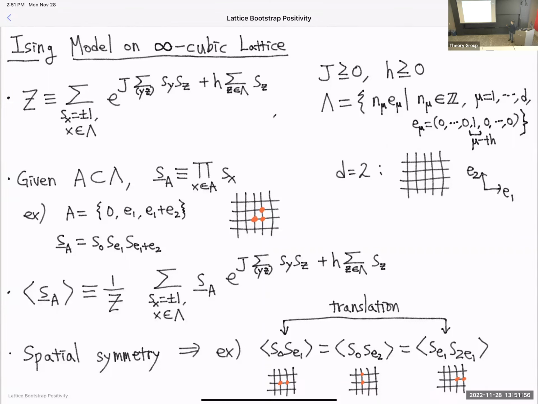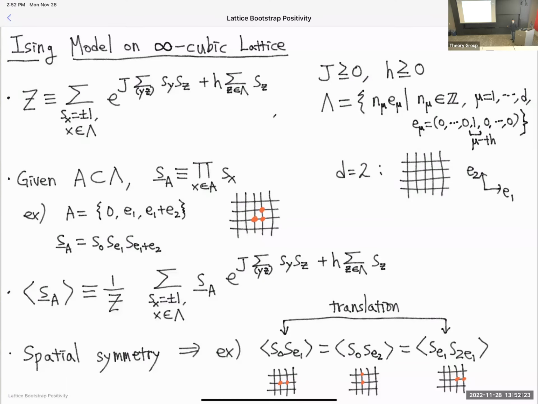The second term is the external magnetic field term, which sums over all the spin insertions. So this is the good old Ising model, which is a prototype of ferromagnetism. By ferromagnet, I mean this J is taken to be positive, and H is also taken to be positive, which is a traceable convention.